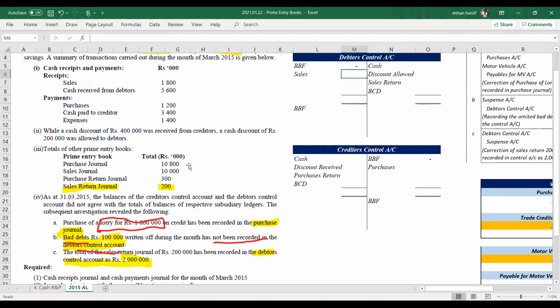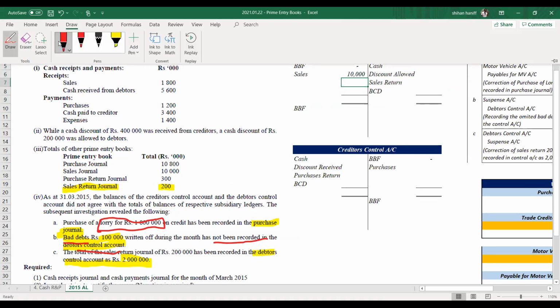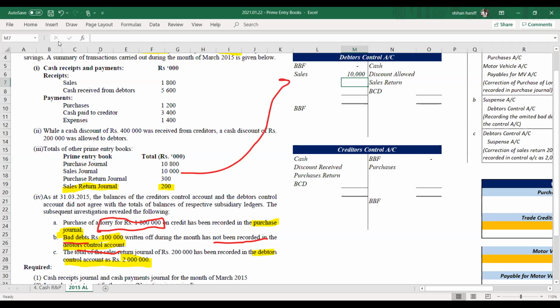Sales is 10,000. Cash received is 5.6 million. They have taken that amount. Discount allowed is 200,000.